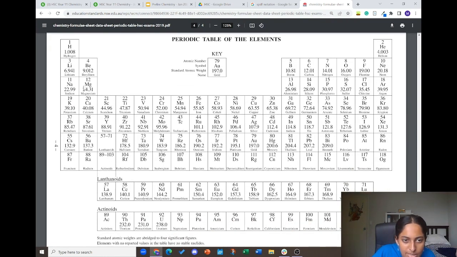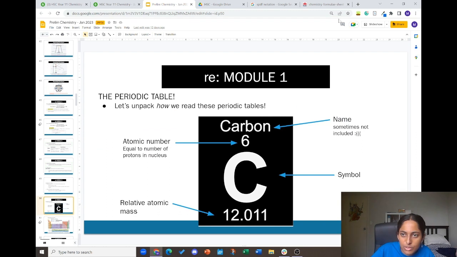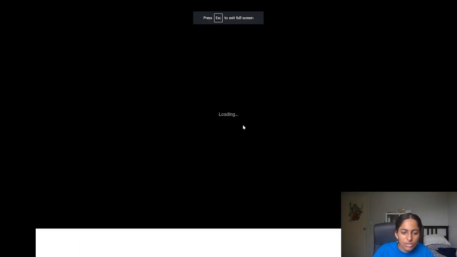They've given you the names, which is good as well. So if you ever forget what the symbol stands for, you can always look at the name underneath. I recommend that you just print this out and have this next to you whenever you're doing practice problems, because you want to get familiarized with what this periodic table shows you. So let's go back to our slideshow.